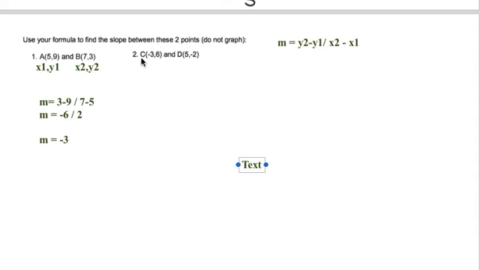Let's do the next one. We're going to take C, with our x1 and x2. This one is point 1 and this one is point 2. We're going to take m equals y2 minus y1 over x2 minus x1.